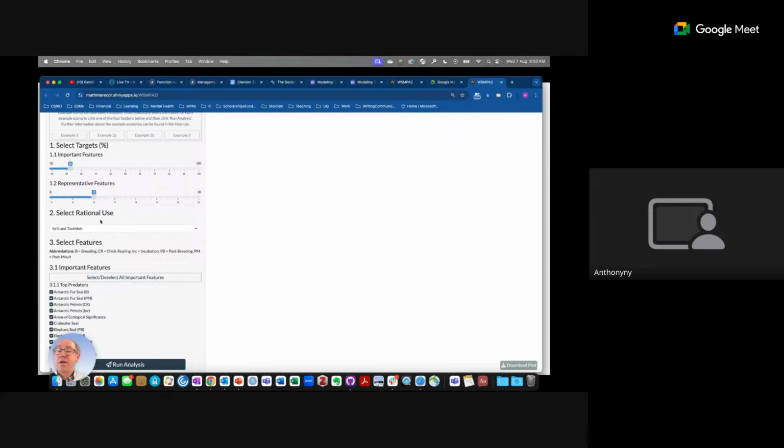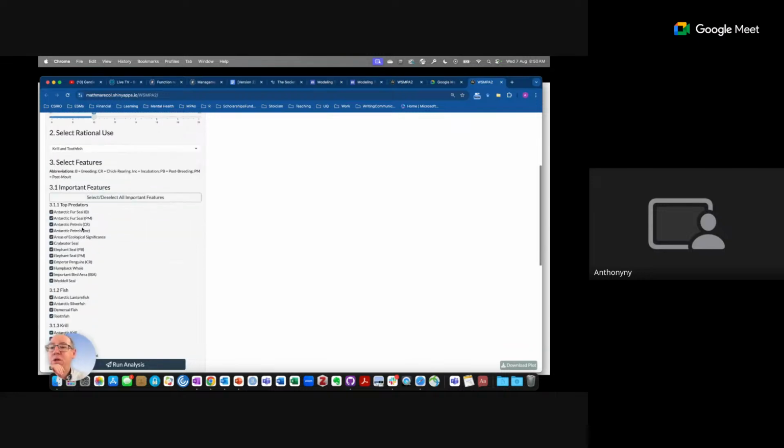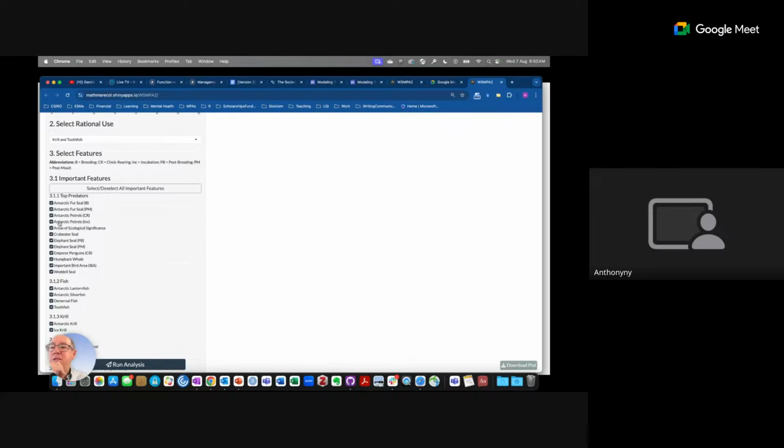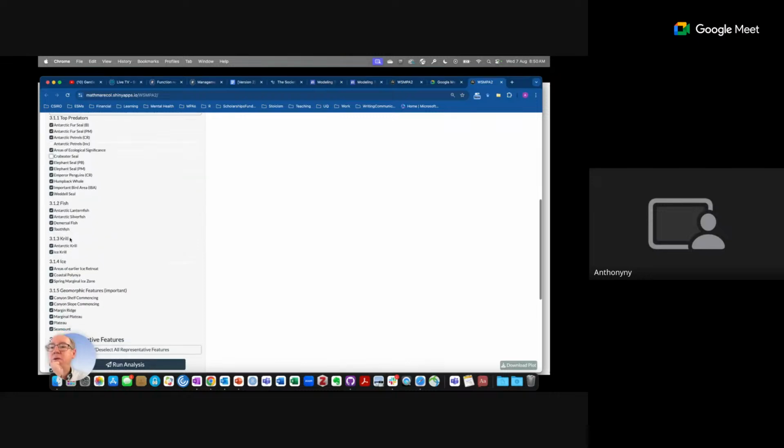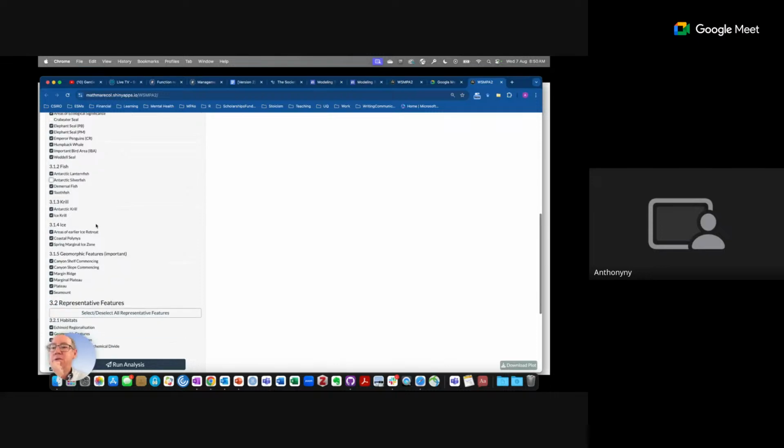Because of politics, we need to call it rational use instead of fishing, but this is fishing on krill, Antarctic krill, which whales eat, you probably know, and toothfish, which is a very valuable, large, huge fish. People could select different biodiversity features that they wanted to protect. Things you might know, different types of fish, and take them in and out.